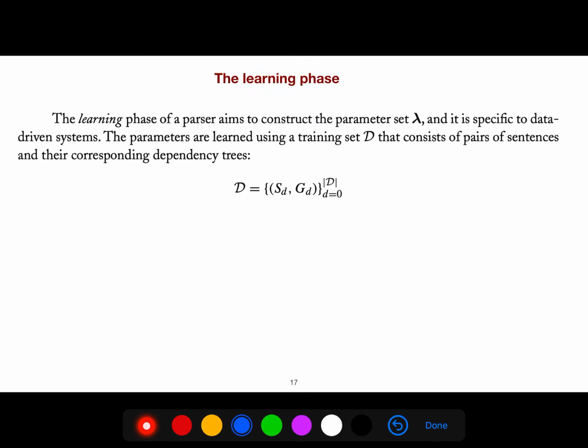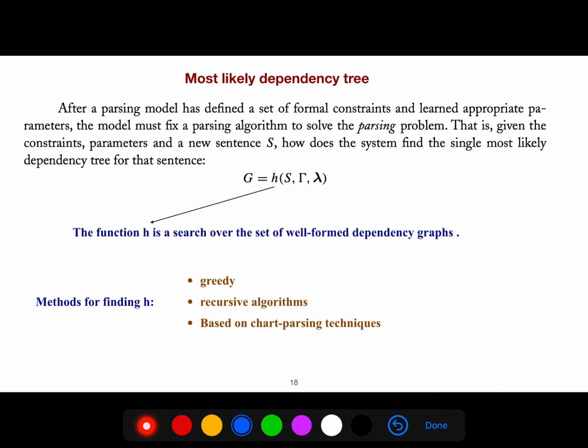The learning phase is that we have a set of sentences and corresponding dependency trees. We want to learn that and then infer at test time. The learning phase of a parser aims to construct the parameter set. In data-driven systems, the parameters are learned using a training set consisting of pairs of sentences and their corresponding dependency trees.